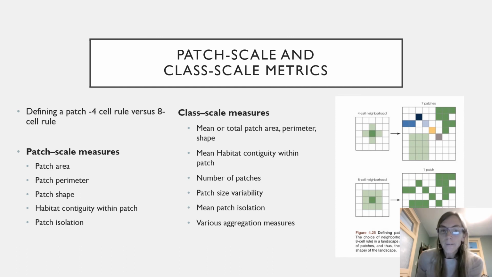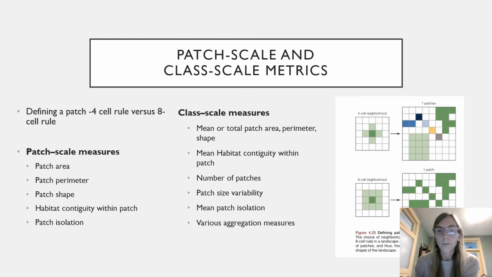If we move up a level to class scale measurements, we actually consider a lot of these same metrics, but we might consider the mean of those. So the mean or total patch area within a larger landscape, the total perimeter, or the mean shape of patches within a landscape.